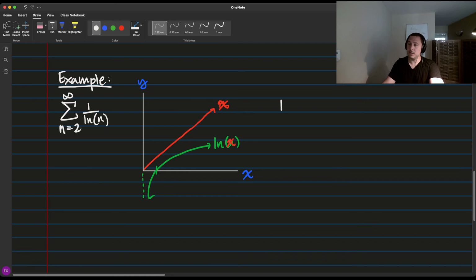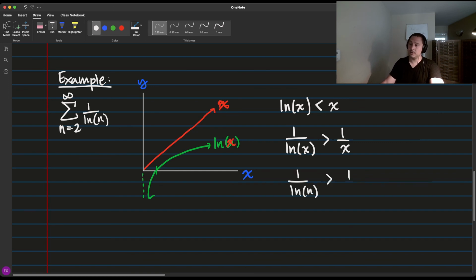So we know that the natural log of x is less than x, which means if you take the reciprocal, it's changed. 1 over the natural log of x is greater than 1 over x. So we should replace x with n, so 1 over natural log n is greater than 1 over n.